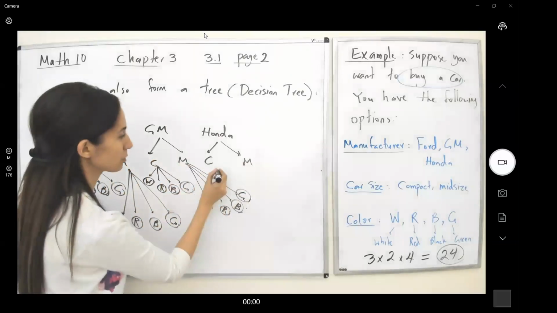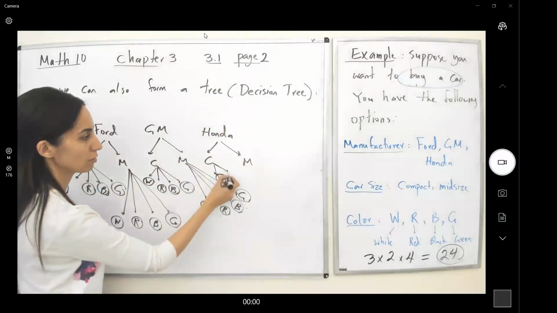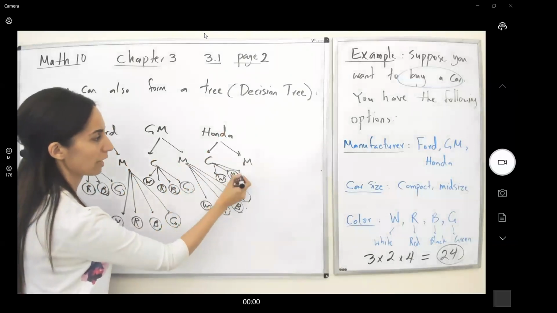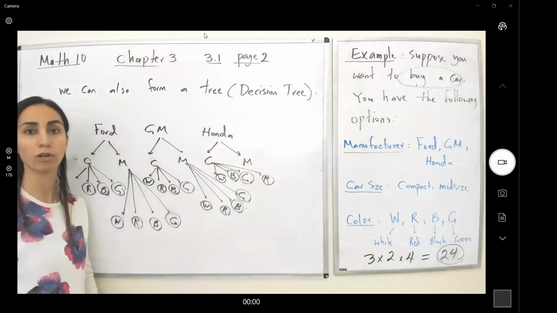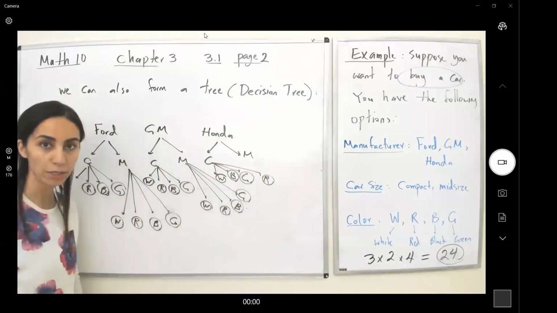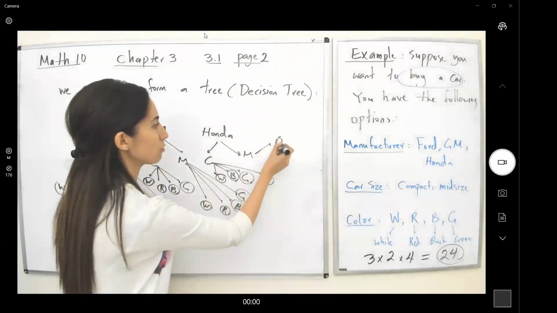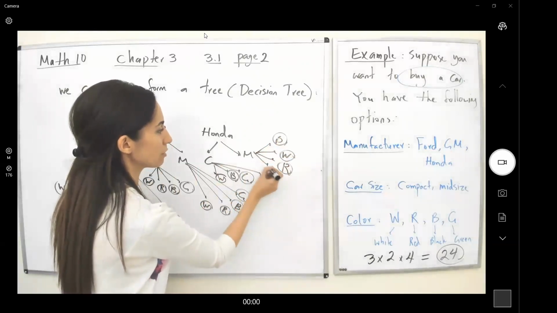And for C, for compact size, Honda compact size, you have white, black, green, and red. And you have the same for the mid-size. Of course, Honda has mid-size cars, and all of them are coming in different colors. So the black one, the white one, the red one, and the green.